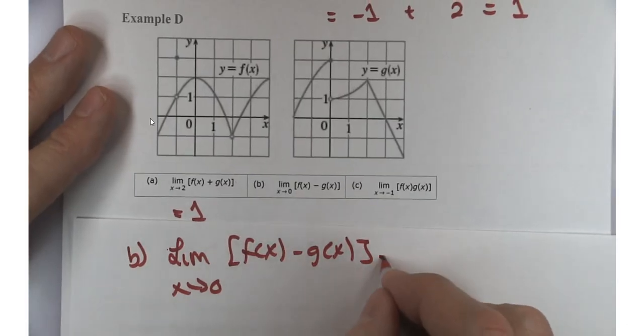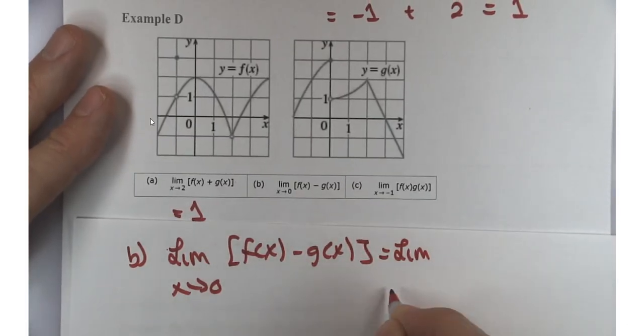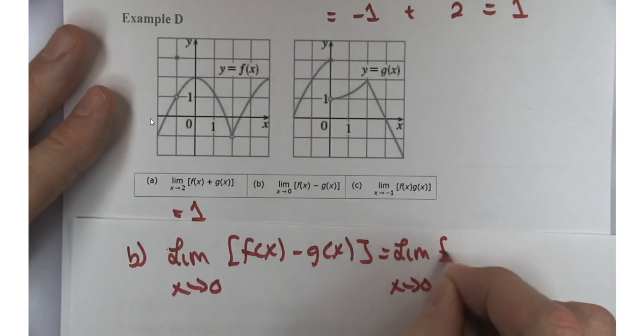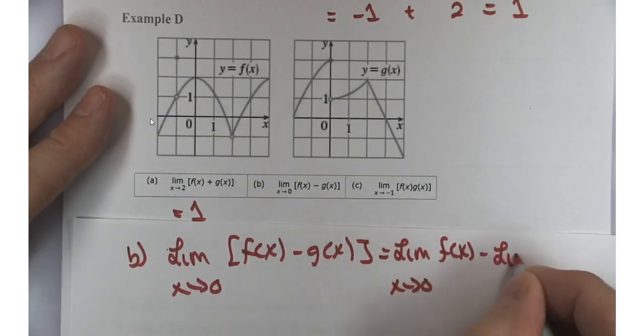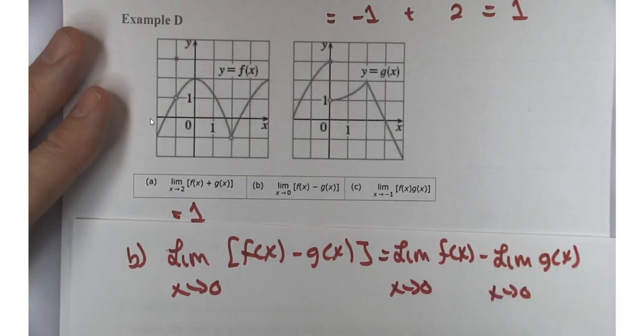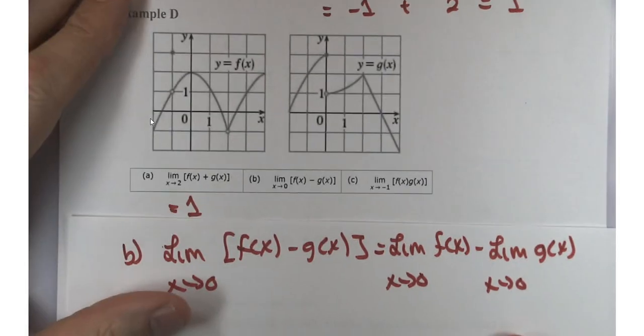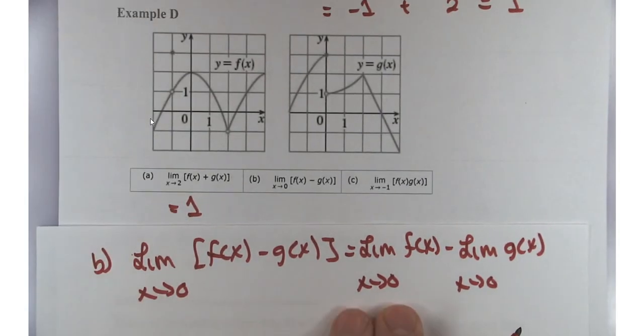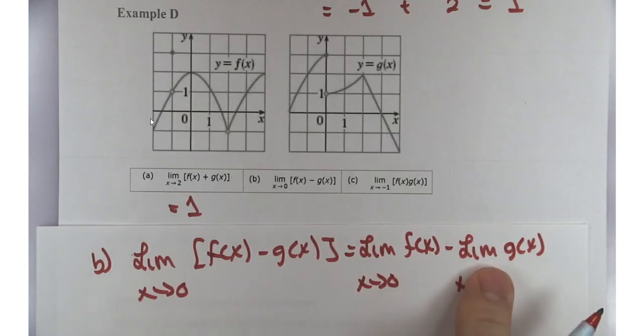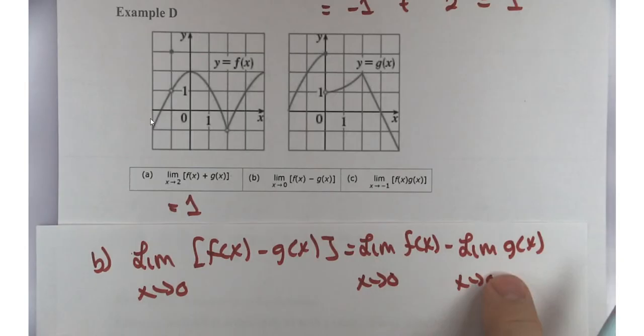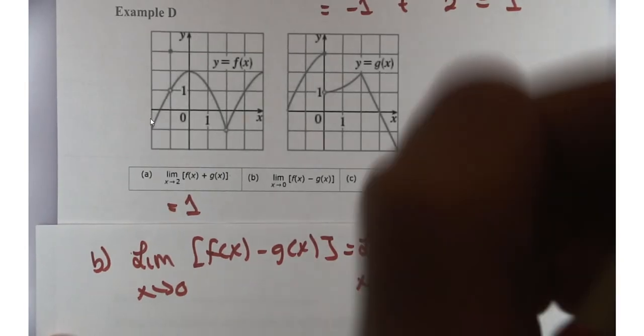So that would be the limit as x approaches 0 of f of x minus the limit as x approaches 0 of g of x. All right, so Jameson, maybe you can give me the limit as x approaches 0 of f of x, and Nashaya, maybe you can do the one for g of x, whenever you're ready.